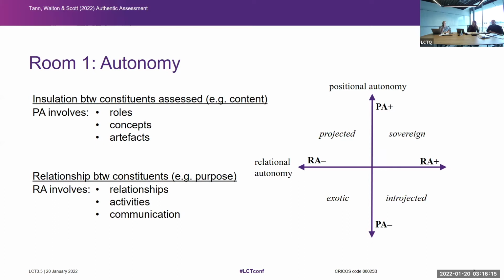There are a few possible ways of interpreting this, but one way, in relation to authentic assessment, taking on the considerations of the people who are promoting authentic assessment, is to interpret these constituents in terms of content, right?